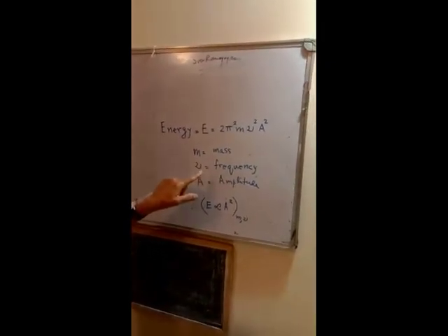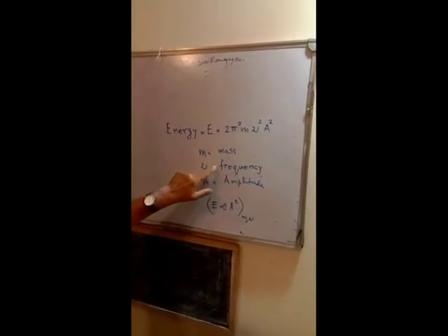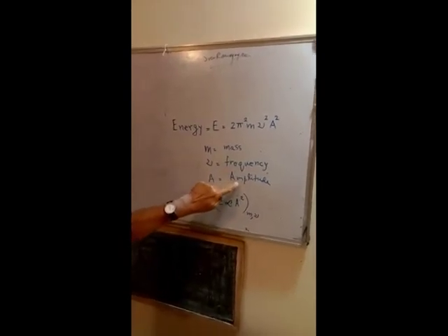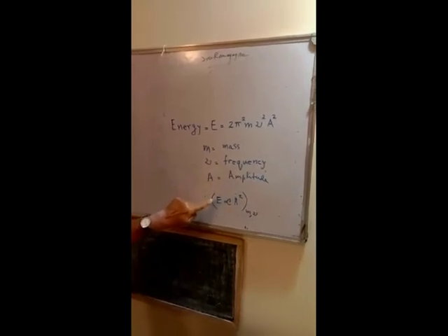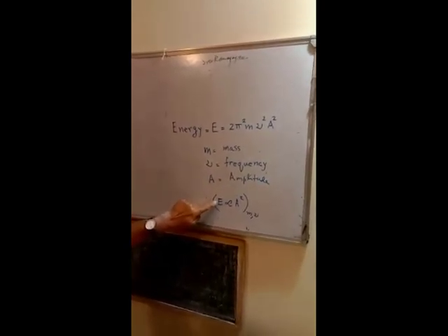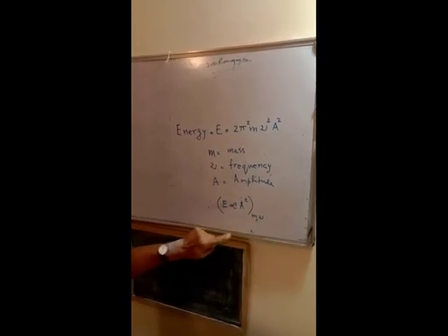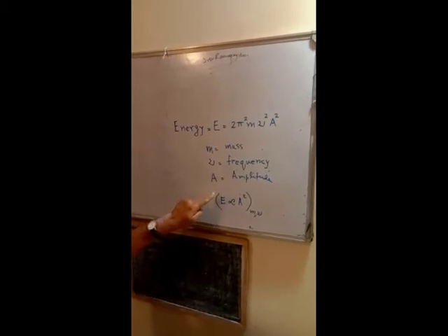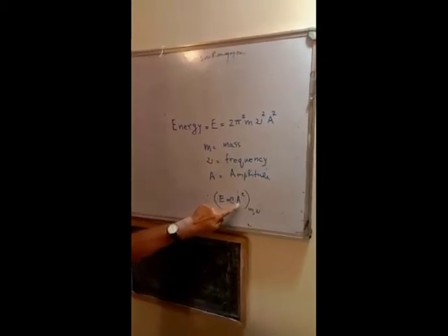If you have two pendulums with the same mass and same frequency, the only variable is amplitude. So in this demo, E is proportional to a², m and ν being constant. The energy of the oscillator in my case is a function of amplitude only.